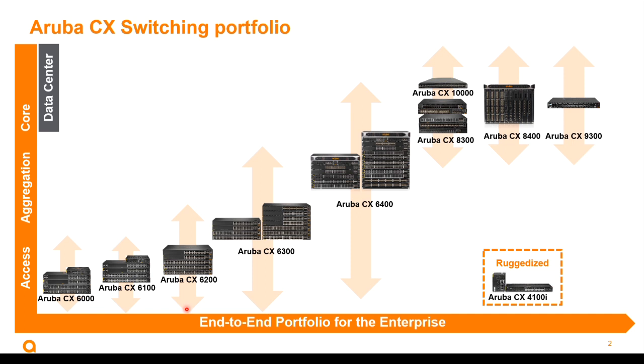You can see they go from access and start to go into the aggregation layer. We then have our 6300 switches, which again start off in the access layer and start going into the aggregation layer and closer to the core. Then we go to the subject of this quick start series, our 6400 series switches.